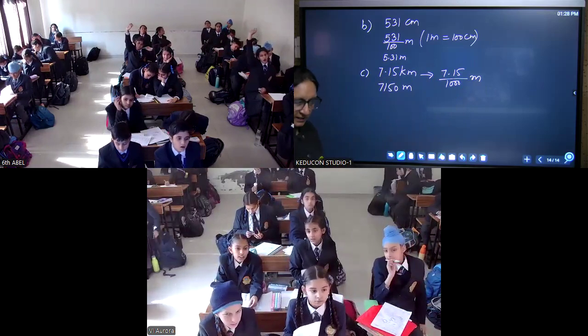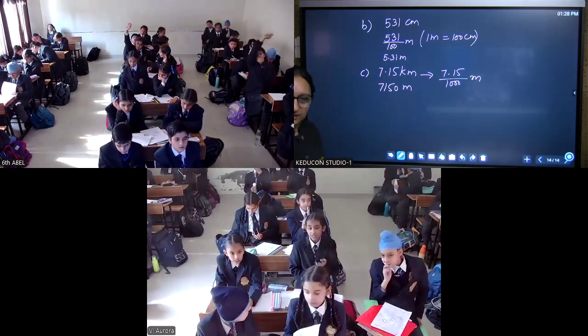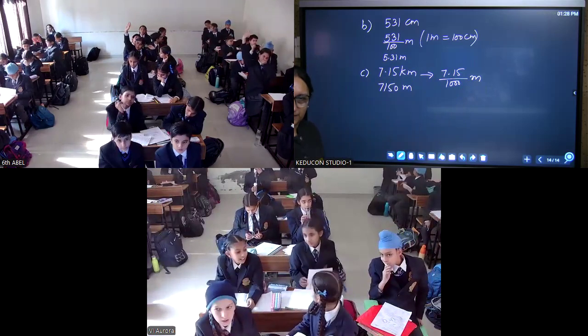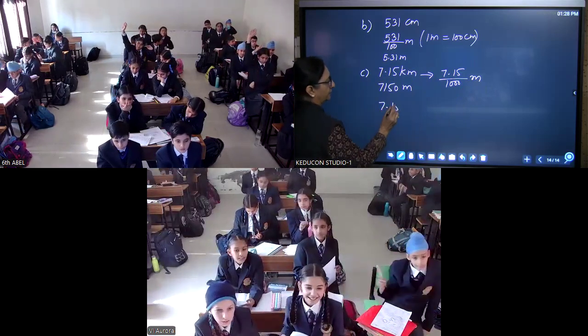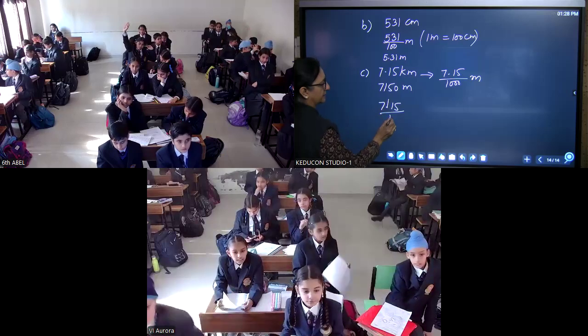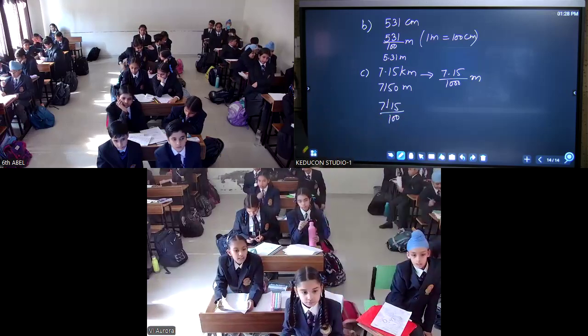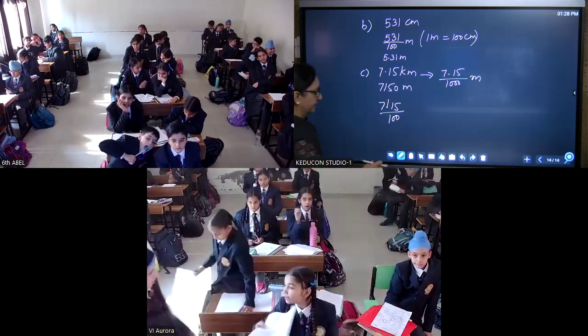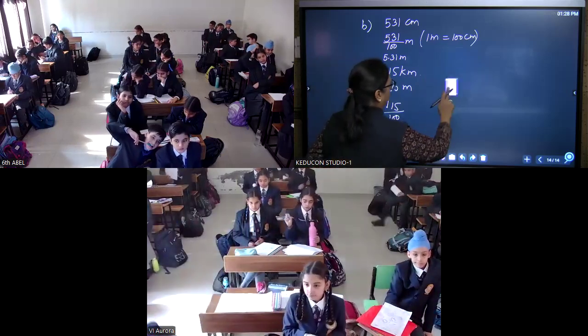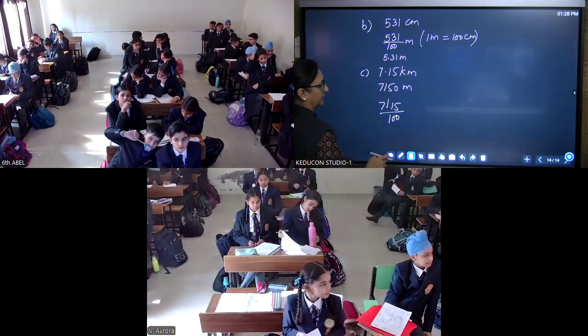You can write it as 7.15. You can remove the decimal. It is 2 zeros, right? Then what are you doing? From bigger to smaller, you're doing here.